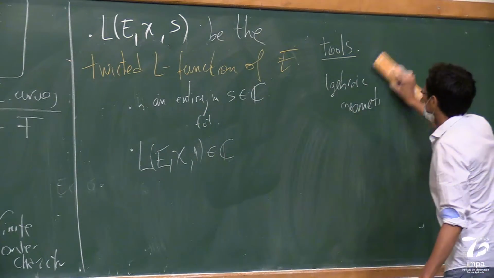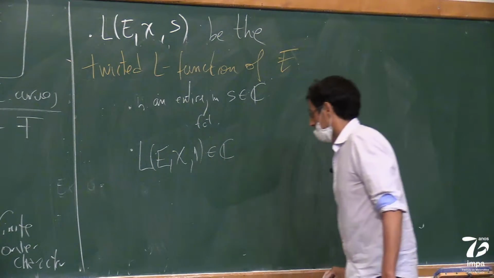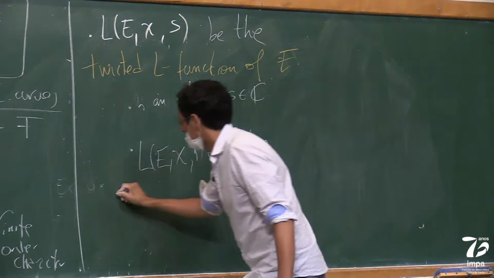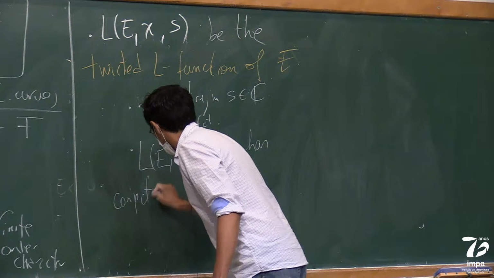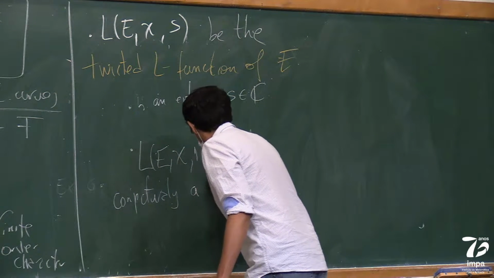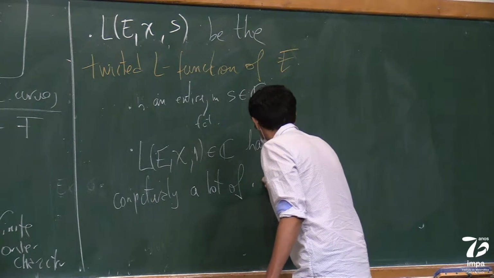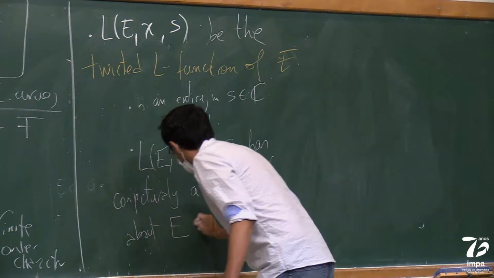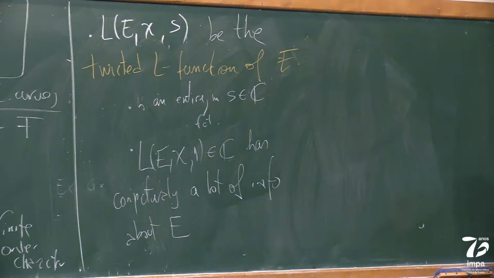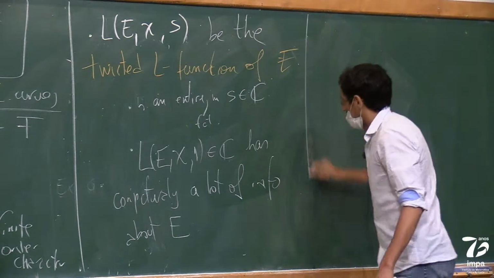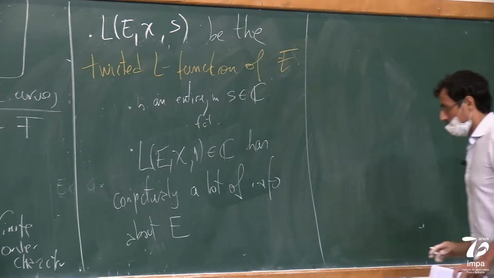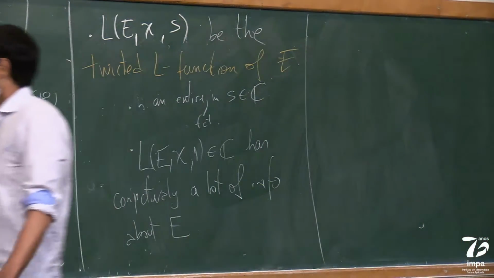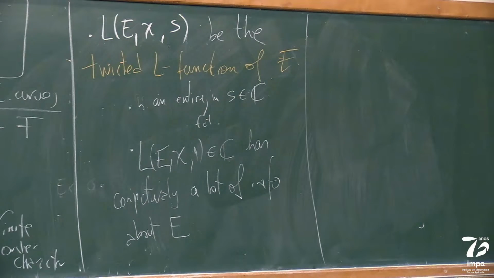So at least conjecturally, this number has a lot of information about the elliptic curve, in particular about the arithmetic of the elliptic curve. Okay, so let's state the conjecture. This is the Bloch-Kato conjecture in this situation, and then I will explain what we prove.